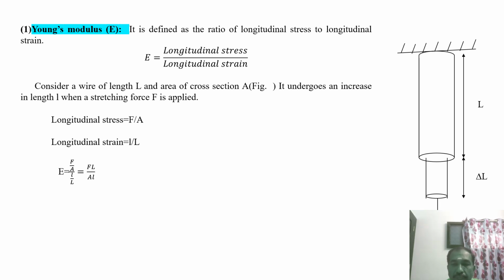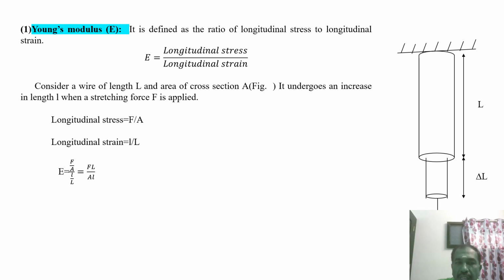Consider this diagram of a wire of length L, with unit area of cross section A. It undergoes an increase in length when the force is applied. Therefore, delta L is the elongation of the wire in one dimension, the change in dimension.